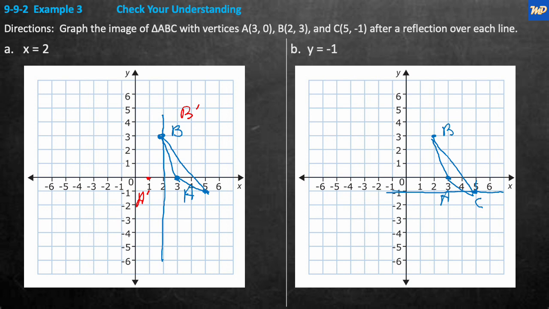And now C is 1, 2, 3 to the right of X equals 2, and 1 down. So 1, 2, 3 right here. This is C prime over here.